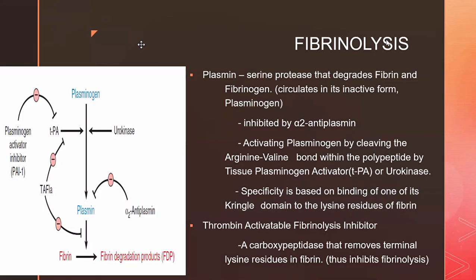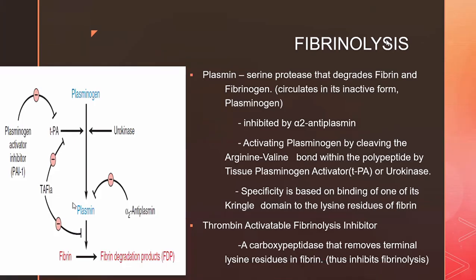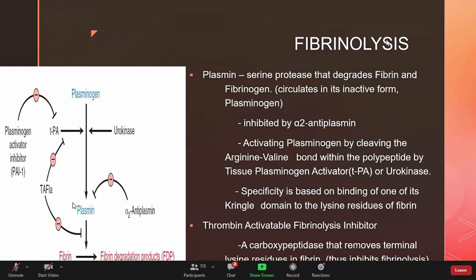Very specific, dalawa lang. TPA and urokinase. Okay? Tissue plasminogen activator and urokinase. Given the name, tissue plasminogen activator, along with tissue factor, release during injury. Okay? And urokinase is an enzyme na pinoproduce rin.